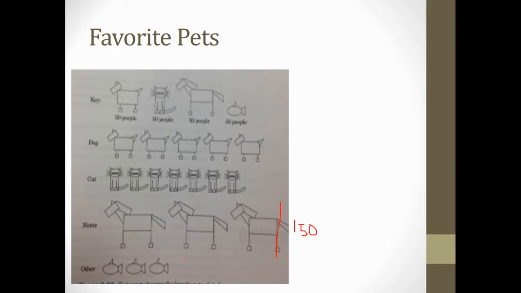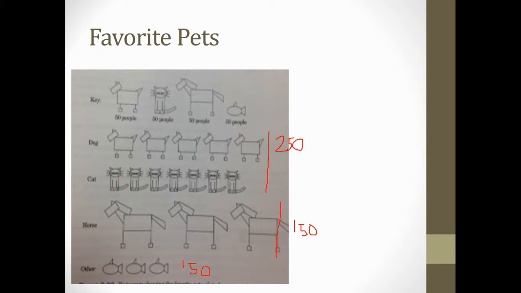That's the same as these fishies down here. They're both 150. But this looks like it's the smallest amount, and this looks like it's the biggest amount, which is both deceiving. Now, if I look at the dogs and the cats, right off the bat, when I look at this, I'm going to think the dogs are more. But when I count 5, 10, 15, 20, 25, that's 250.